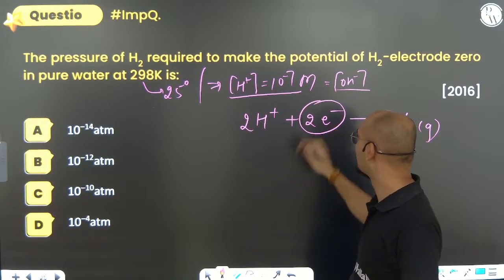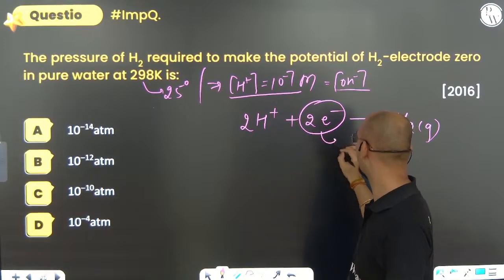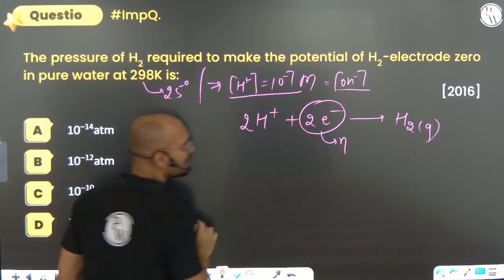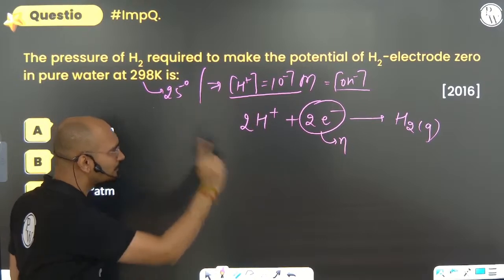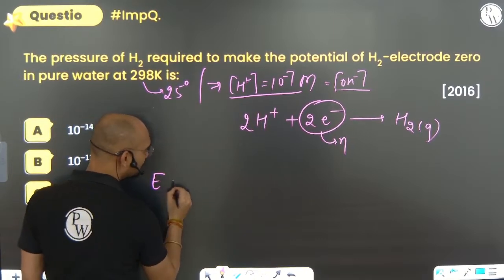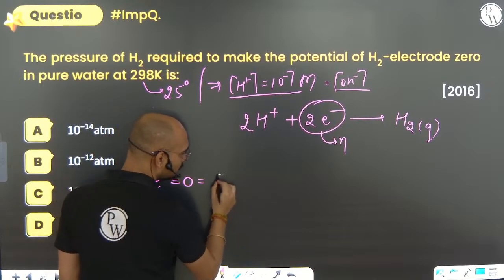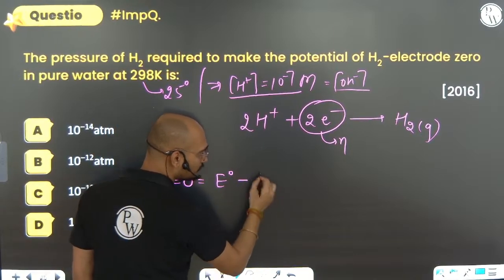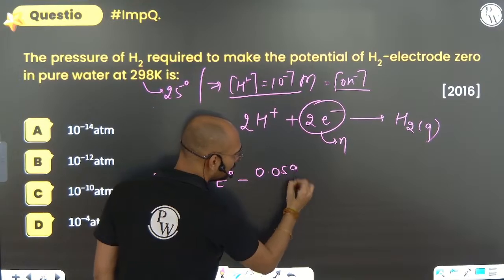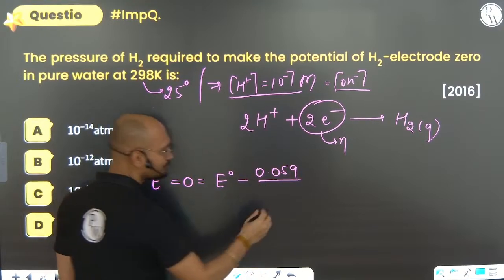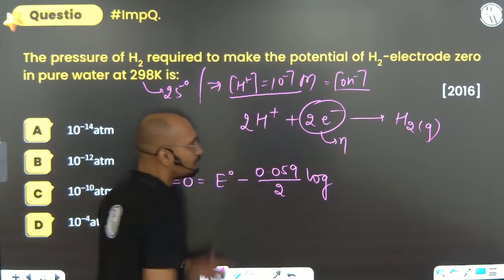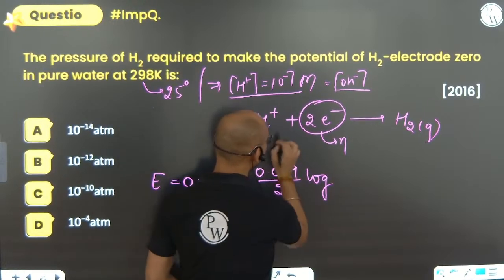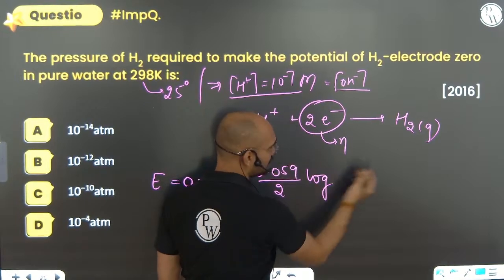What is the n value? You can see n is 2. And the question says the cell potential should be 0, so E is 0. E equals E naught minus 0.059 divided by n, log of the reaction quotient.